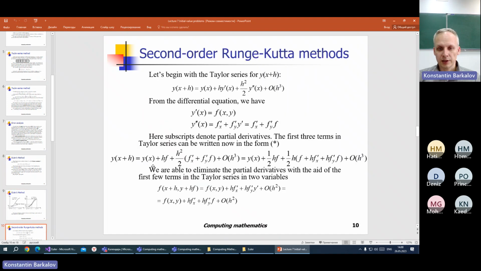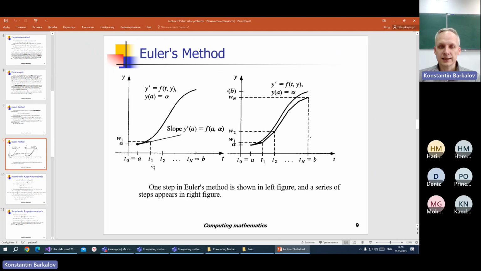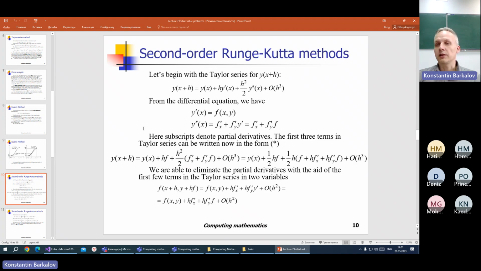Let's come back to the presentation, and let's discuss more powerful methods, so-called second-order Runge-Kutta methods. We begin our consideration from the Taylor series. This is a Taylor series written for y at the point x plus h.